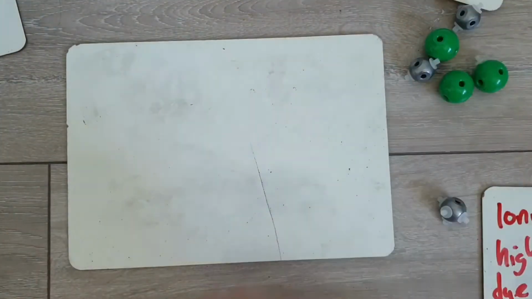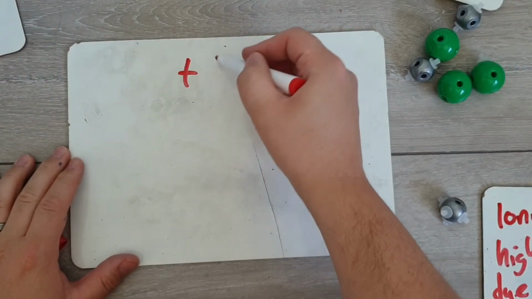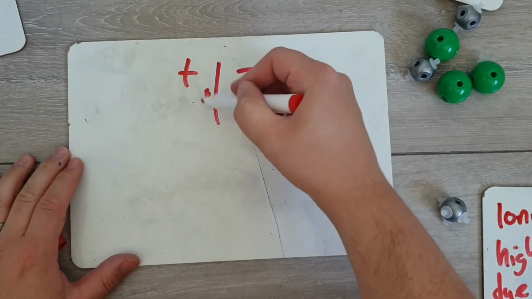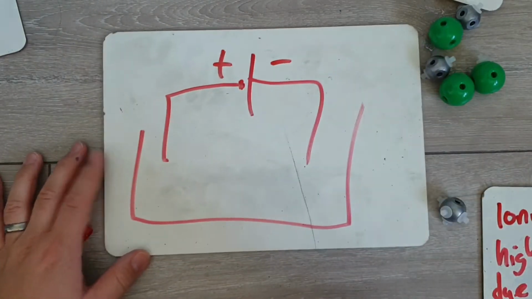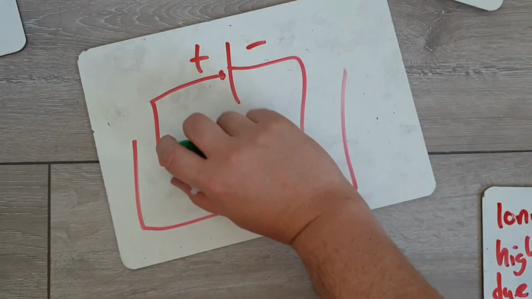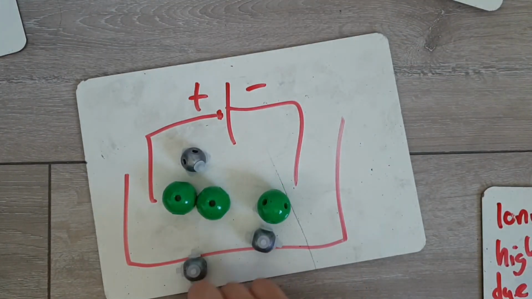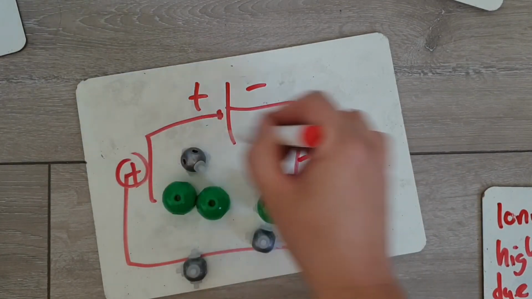So if you had your battery with a positive wire, negative wire, and then you dipped your wires into a beaker and you filled the beaker with this molten sodium chloride, so this one would be negative, that would be positive.